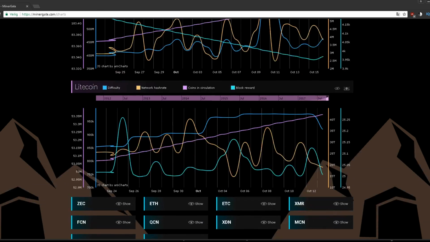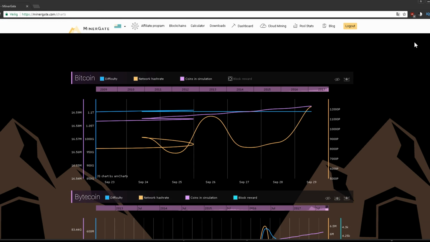So I think I've covered most, if not everything here, and I'll be going to the Minergate app, Windows 10 graphical interface.